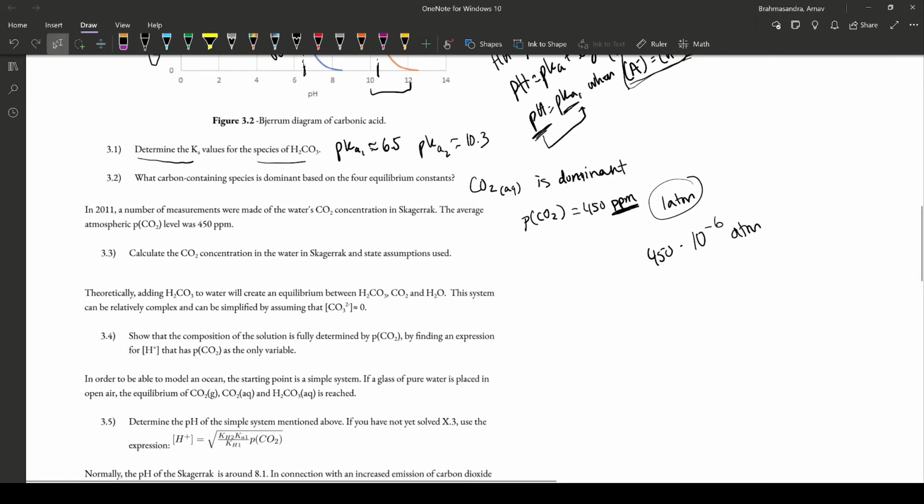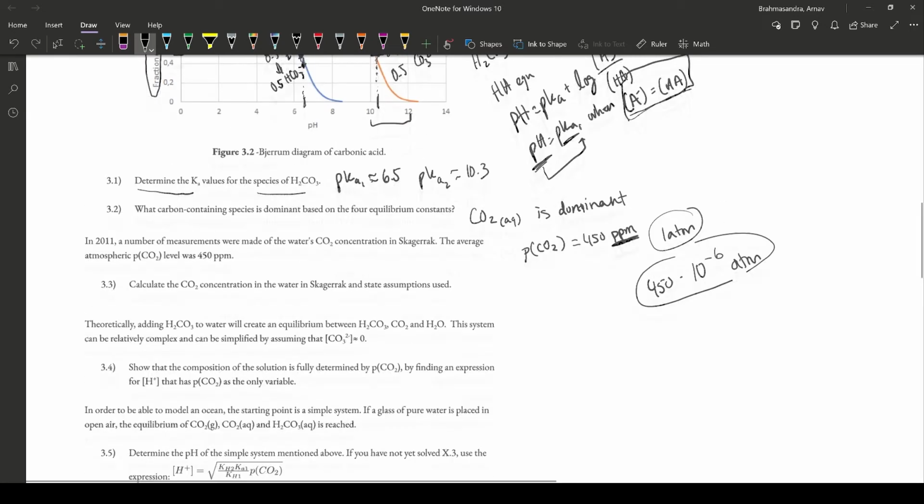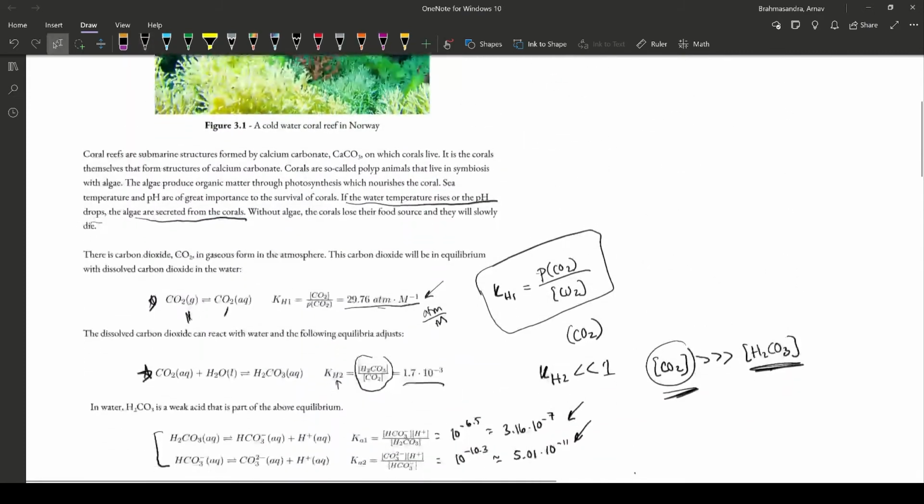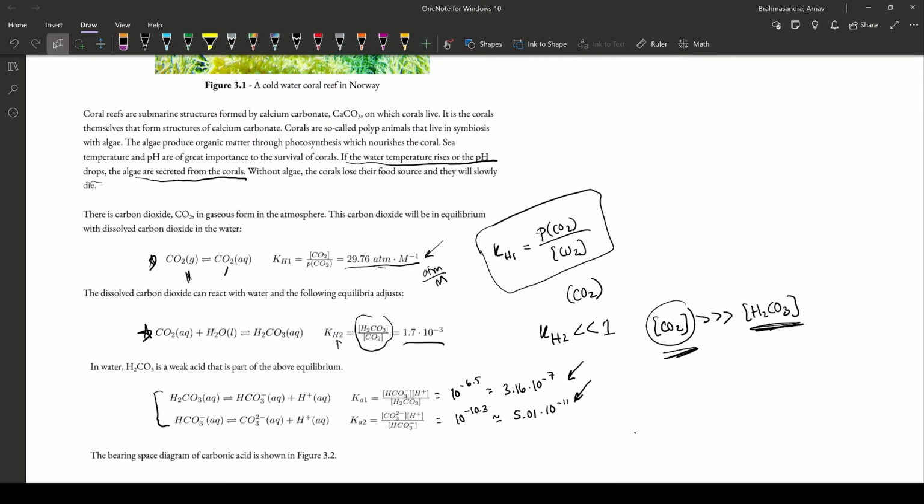Now we can take this value and plug it into our equilibrium expressions. If we look above, this is where the typo was noticed, because you have to use this KH1. We have that KH1 is equal to PCO2 divided by the concentration of CO2. We know what the pressure of CO2 in the atmosphere is, so we can solve for the concentration of CO2. How do we do that?